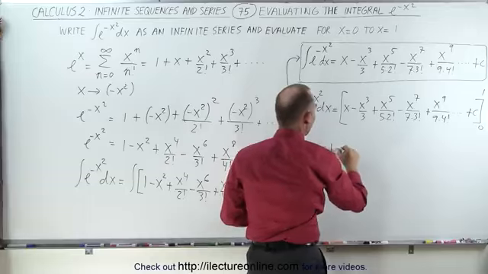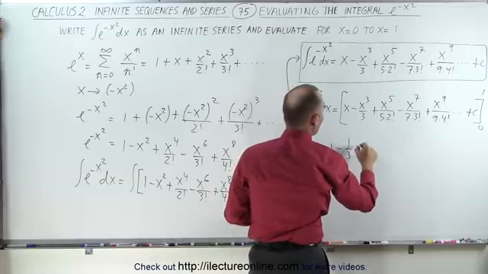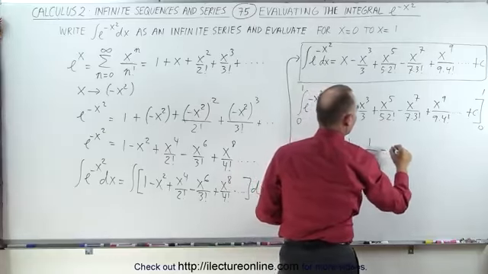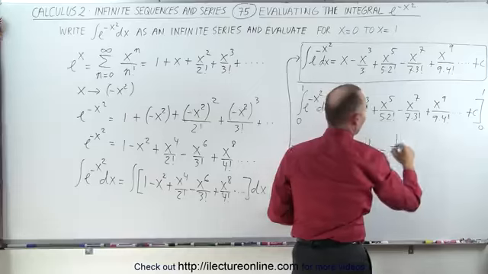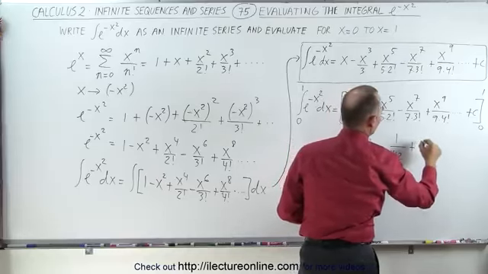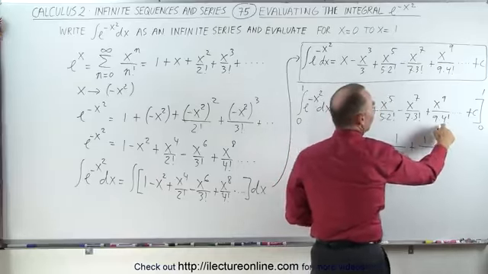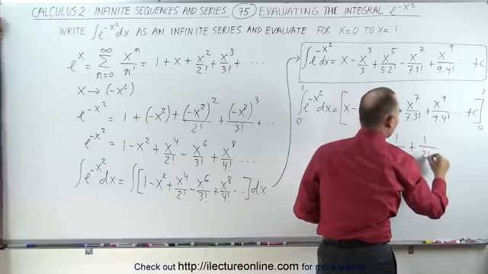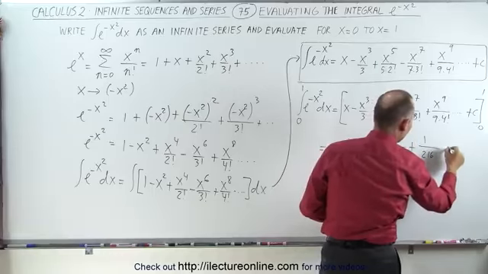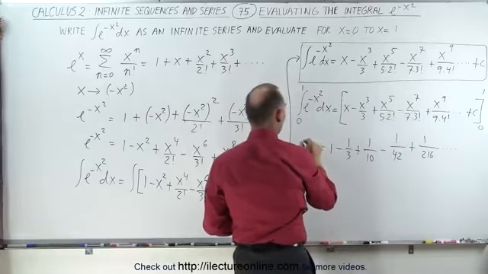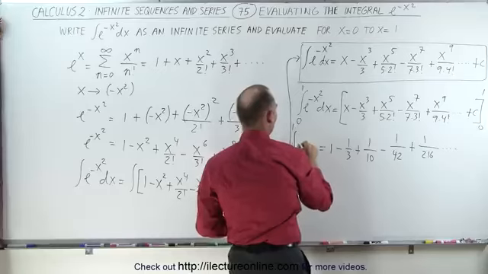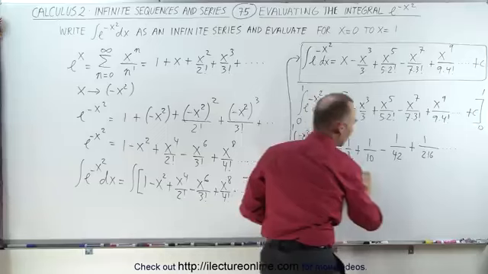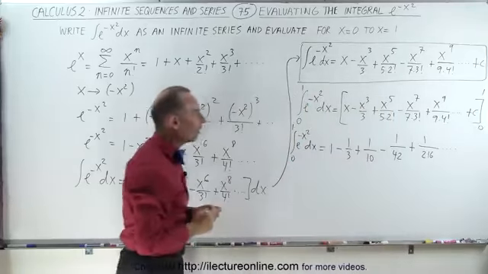That would be 1 minus 1 over 3 plus 1 over 10 minus 1 over, that's 6 times 7, which is 42, plus 1 over, that's 24 times 9, which is 216, and on like that. So the integral from 0 to 1 of e to the minus x squared dx evaluated will simply be the infinite sum as follows.